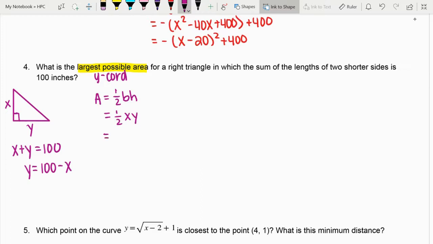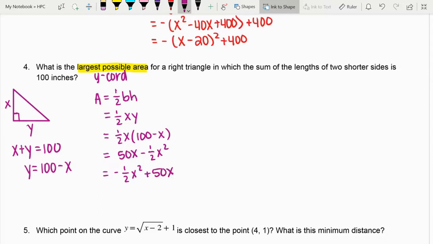If I substitute y in, I'm going to have 1/2 x times 100 minus x. That is going to give me 50x minus 1/2 x squared. Let's rewrite. I have negative 1/2 x squared plus 50x.